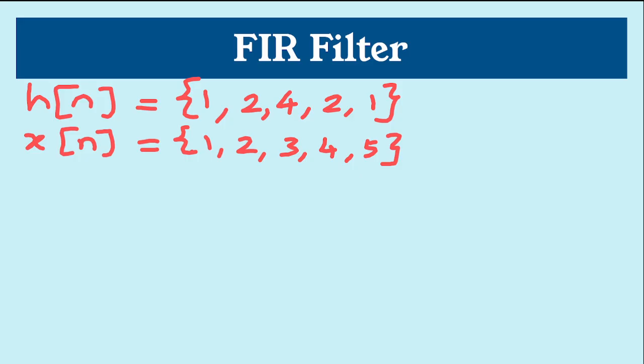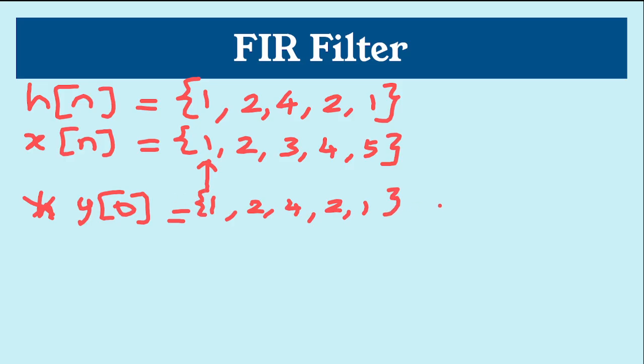What happens is we first get this sample, and it has to be multiplied with these FIR filter coefficients. We are going to compute y of 0. We only have one sample, so you do 1 2 4 2 1.